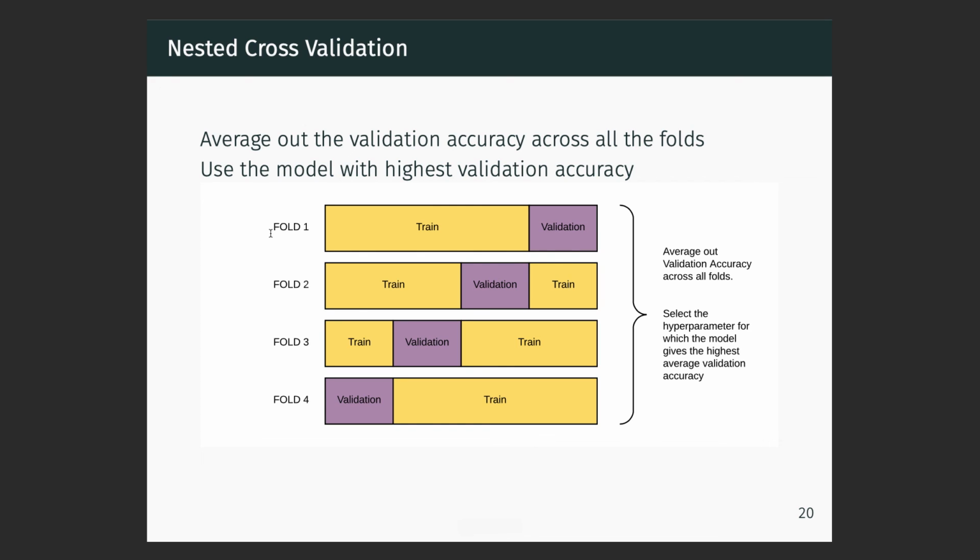You end up choosing the hyperparameter which will give you the highest average validation accuracy, right? Average across the four different folds. For example, for the first fold, maybe depth equal to 2 works best. In this one, maybe depth equal to 3 works best. But then you look at the accuracy for depth equal to 2 here, here, here, and here. And then you calculate the average across the folds, right?